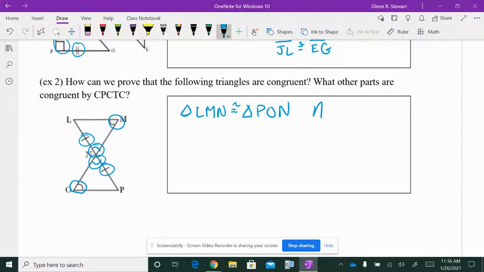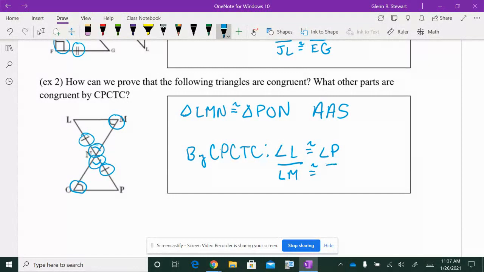Now that we know that by angle, angle, side, we can now start to prove the other congruences by CPCTC. Other congruences along these triangles that have not yet been named: angle L congruent to angle P, side LM congruent to side PO, and side MN congruent to side ON.